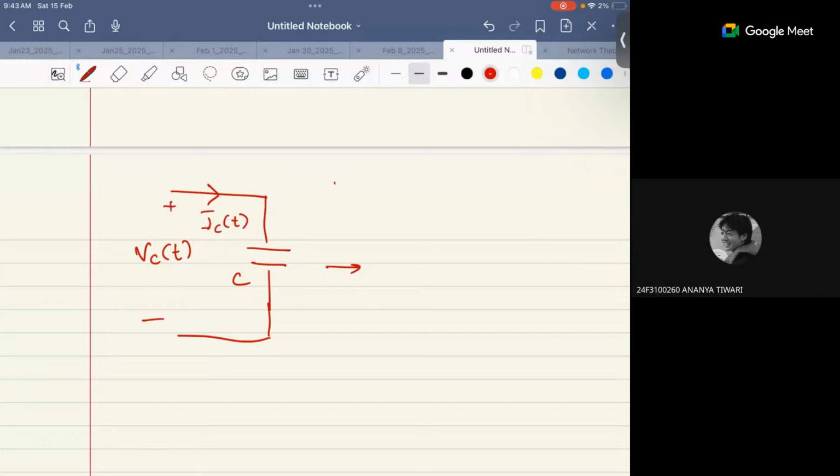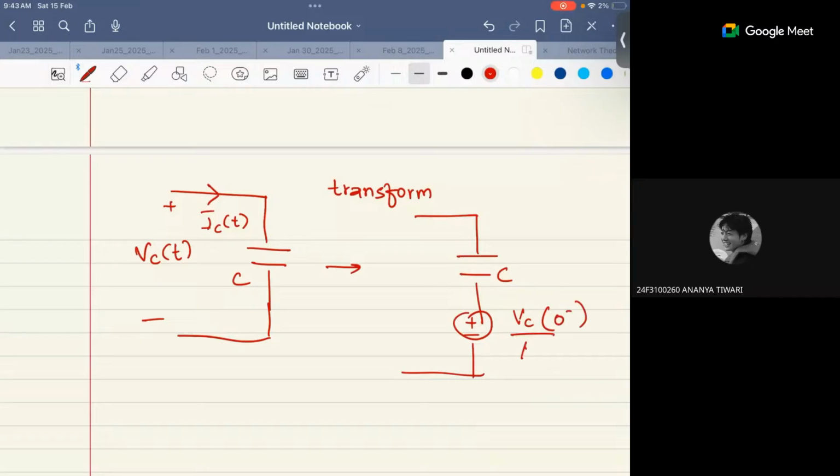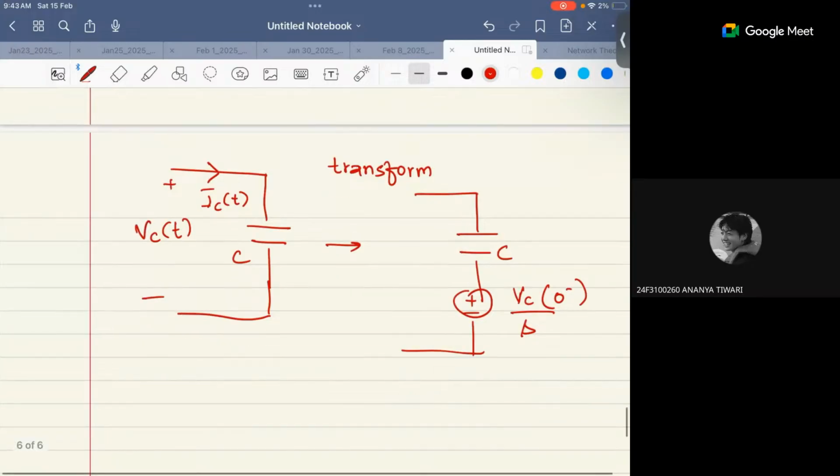Then if you transform it, how do you transform? There is a capacitor C and then a voltage source. Correct? The voltage source can be directly Vc(0 minus) upon S. Correct, and there is a reason behind that also.